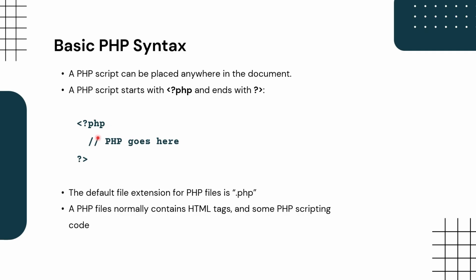And then our code would go inside of here, and then it closes with a question mark and then a greater than sign. Now, these tags tell the server to execute this section as PHP. And then everything outside of those tags is treated as normal HTML.